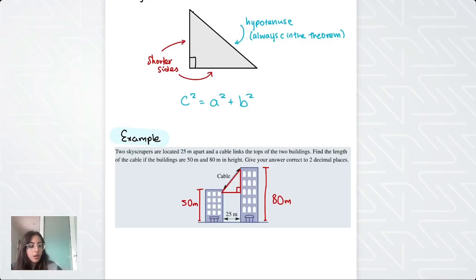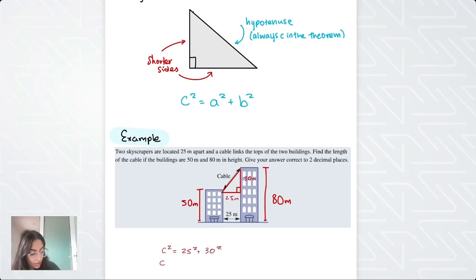Okay, so I'm going to start writing the answer down. Ava, I hope you're done by now too. So to find the answer, we've got that little triangle in there. We know that the height of the triangle is 30 meters, the width is 25 meters, and we know that the cable is c squared because it's the hypotenuse. So 25 squared plus 30 squared.